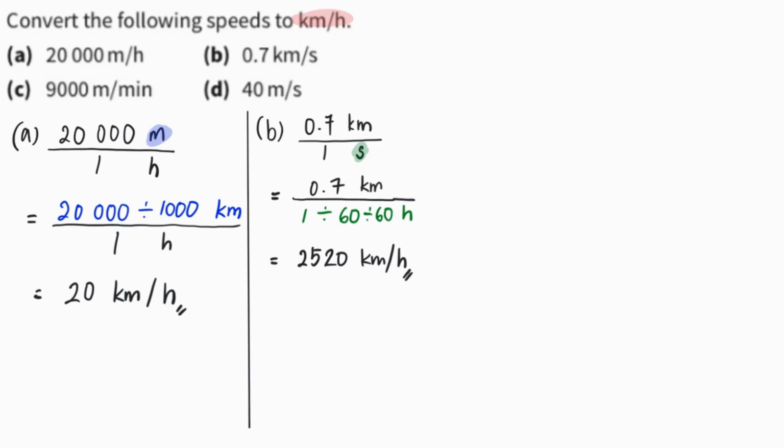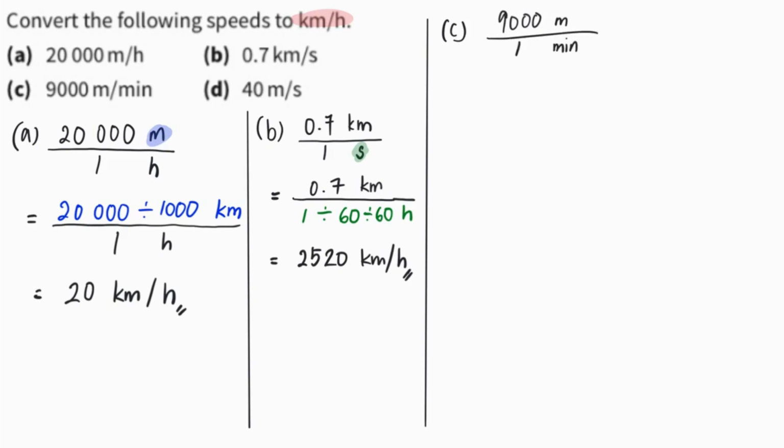Now let's move on to part C and part D. Part C will be 9,000 meter per minute, which means 9,000 meter over 1 minute. And this one we need to do the conversion both at the top and in the denominator.